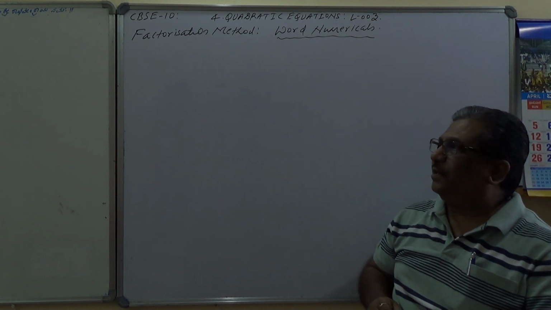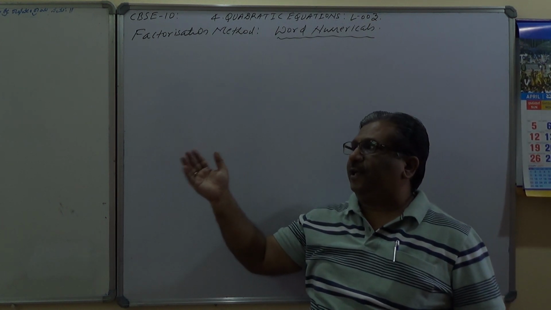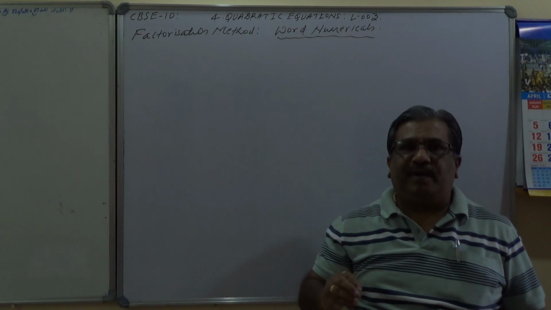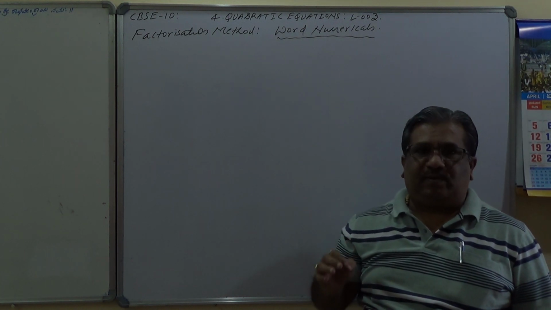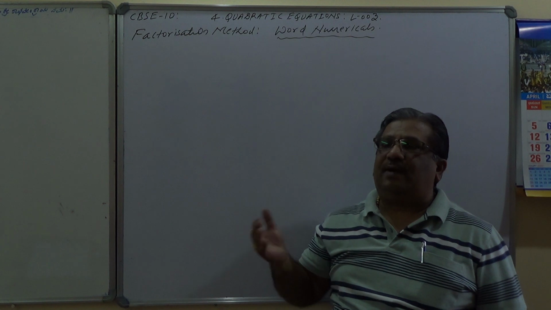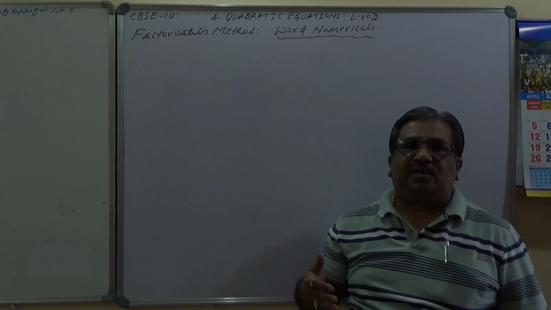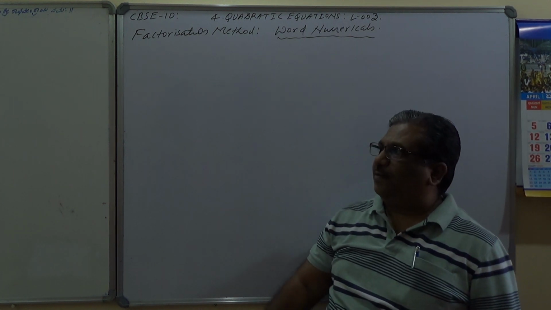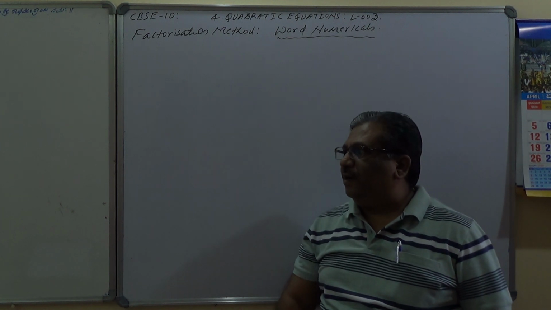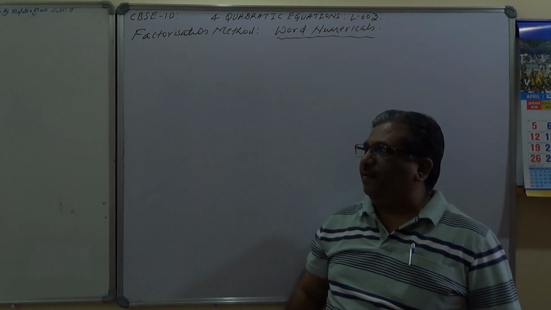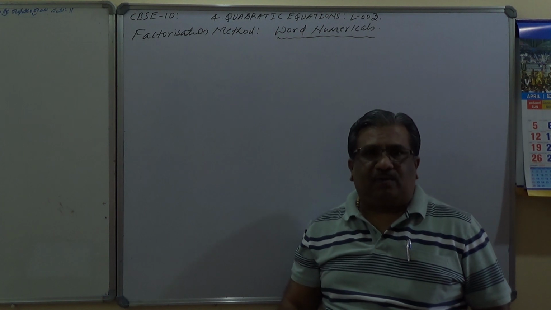So let us have a look at the textbook. The word numericals I will be concentrating mostly on the textbook, and let us also have a look at some previous year questions appearing in the R.D. Sharma book. So let us have a look at the example sums of the textbook, and we'll solve those.